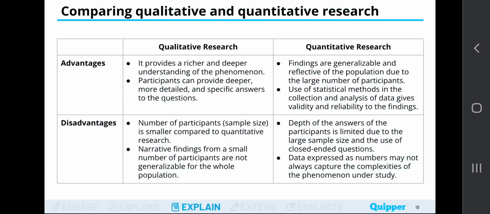Meanwhile, in quantitative research, since we are asking close-ended questions, the depth of the answer of the participants is going to be limited. Kay daghan man kayo ka og sample size. Daghan man sila in terms of number. So if you are going to have them give answers in depth, or enrich their answers, dugay kay kamahuman.